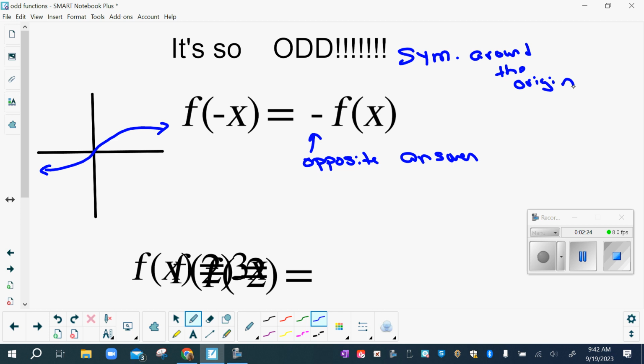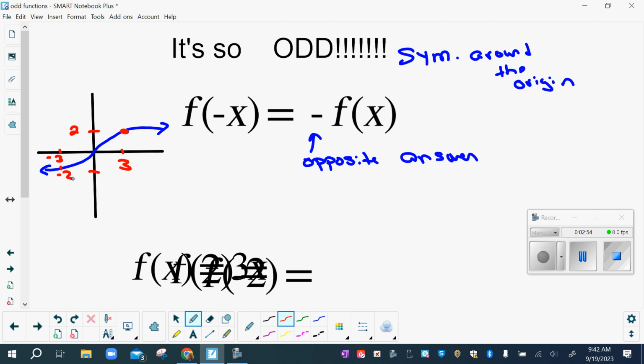The reason I want you to put that up here is, when we're doing this tonight, if I plug in, say, 3, and I get 2, then if it is indeed spinnable, when I plug in -3, I should get the opposite answer, which is -2. Sometimes when we do math, it looks totally scary, like crazy town.